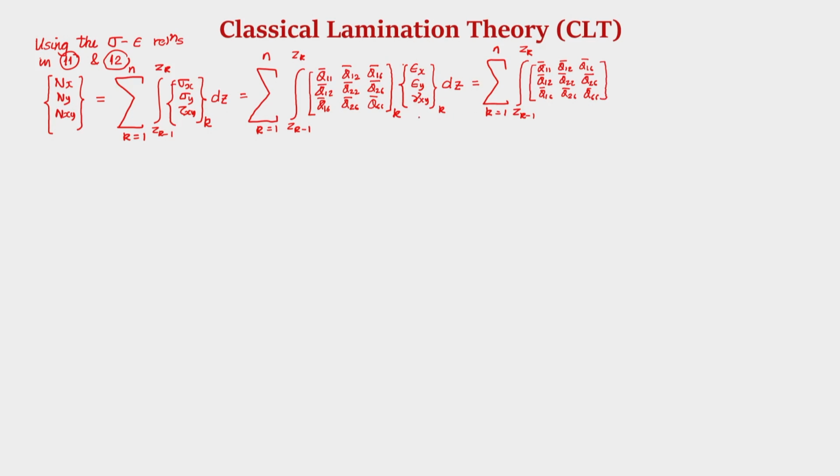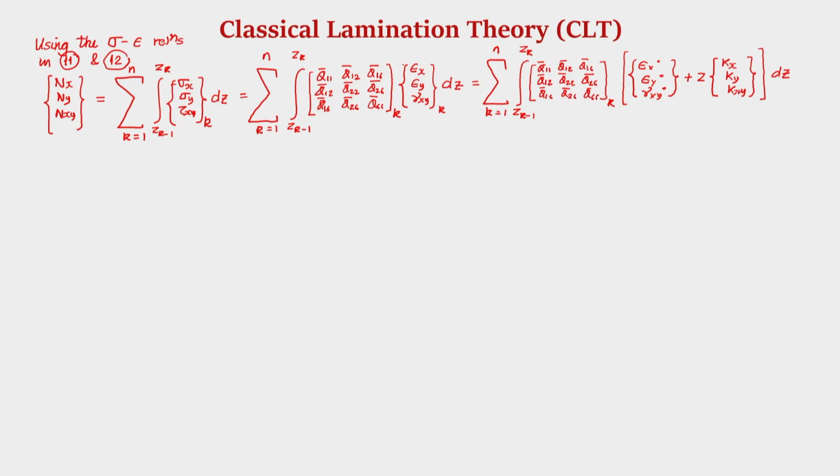Now this strain in the kth layer could be expressed in terms of the mid surface strains, that means epsilon x naught, epsilon y naught, gamma xy naught, plus z into the curvature. We have derived this in the last class. Whole thing integration dz.